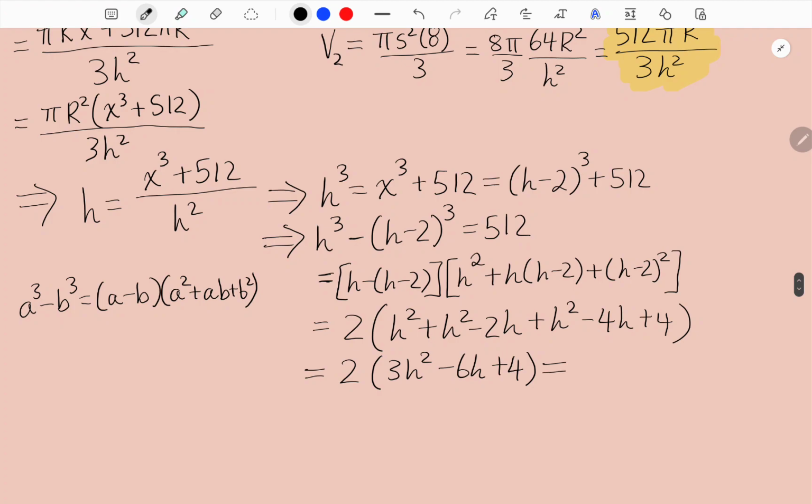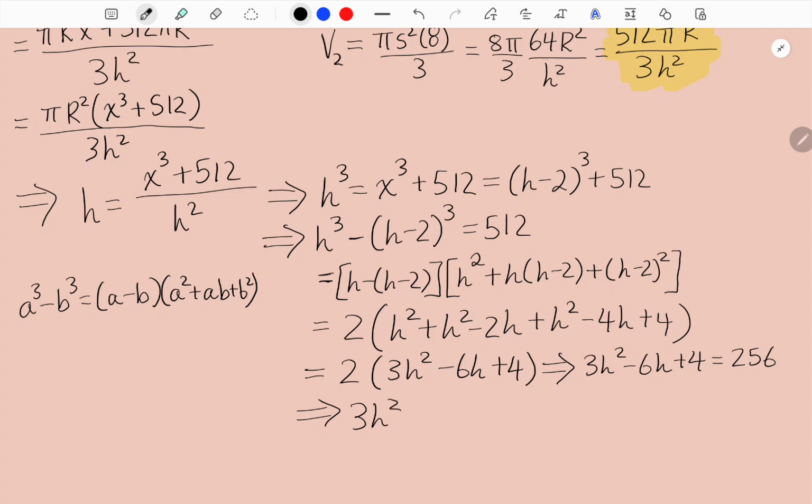Which implies, now remember this whole thing is equal to 512. So this times 2 is 512, divide by 2 on both sides. Half of 512 is 256. So we get that 3h squared minus 6h plus 4 equals 256. Now we need to bring the 256 to the left-hand side.